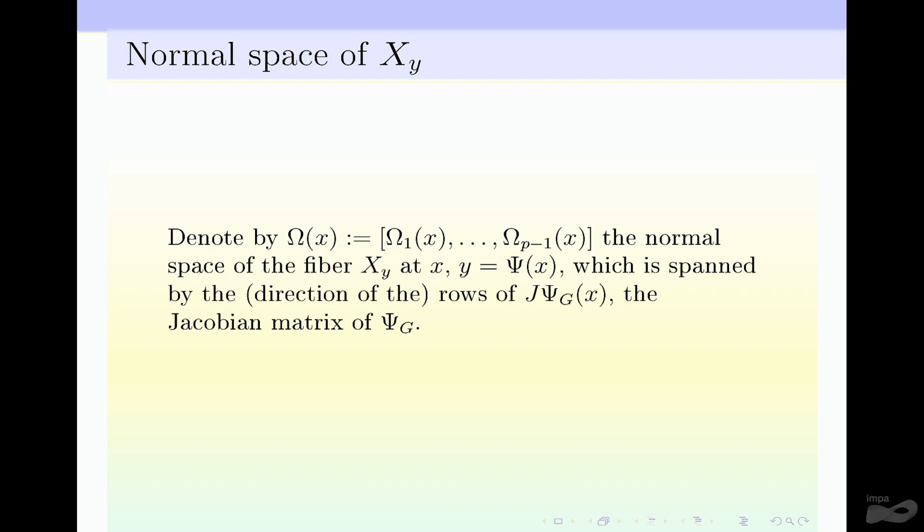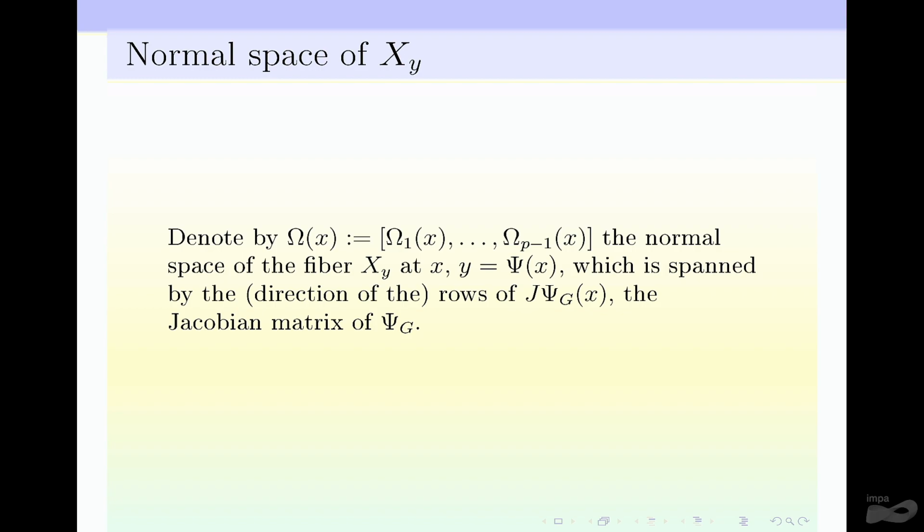Omega x will be spanned by omega 1x, ..., omega p minus 1x, at x, where this y here is the image of psi g of x.